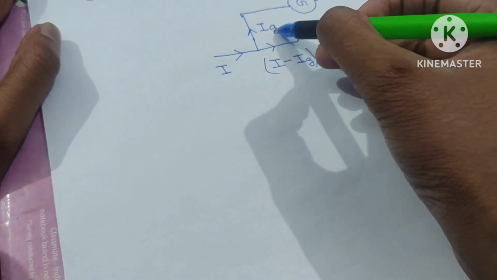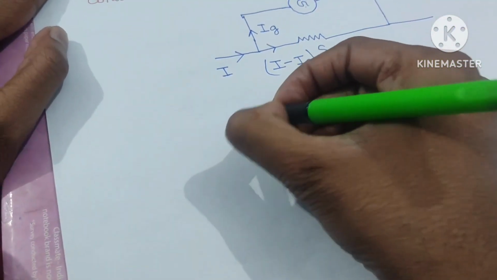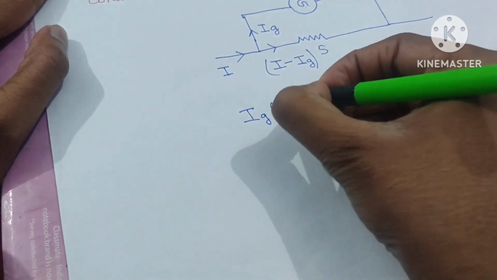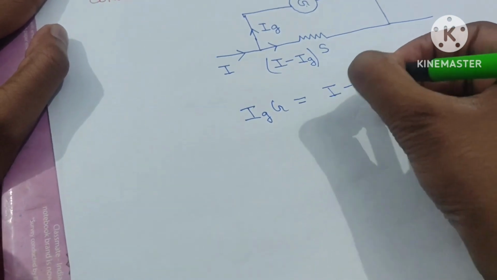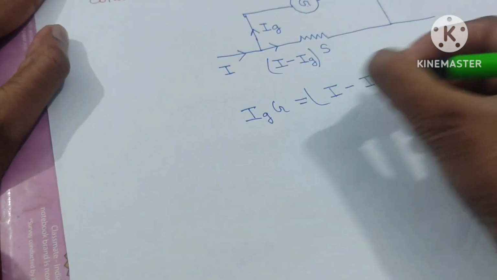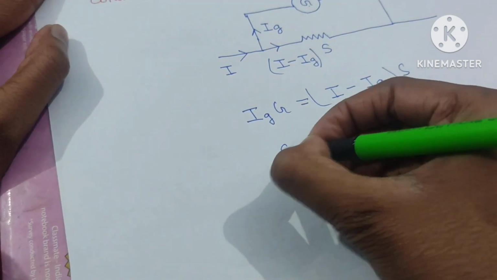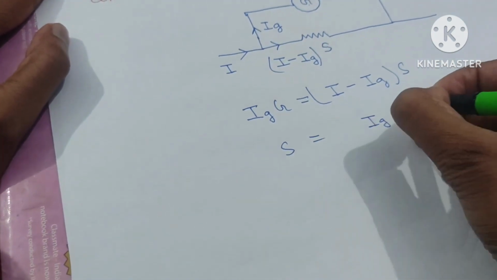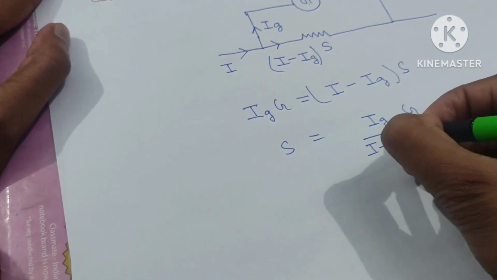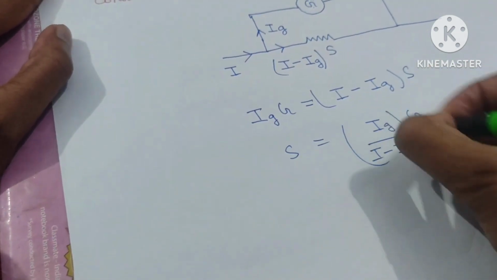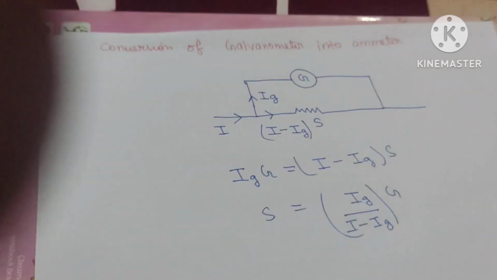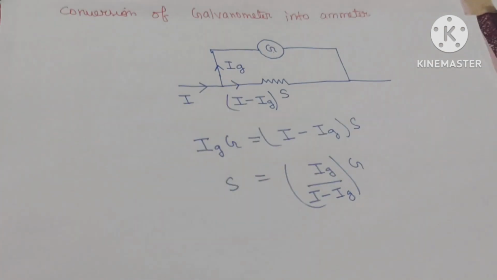We know I G into G, the resistance, is equal to I minus I G into S, and S is equal to I G G by I minus I G. So that's it, that's all.